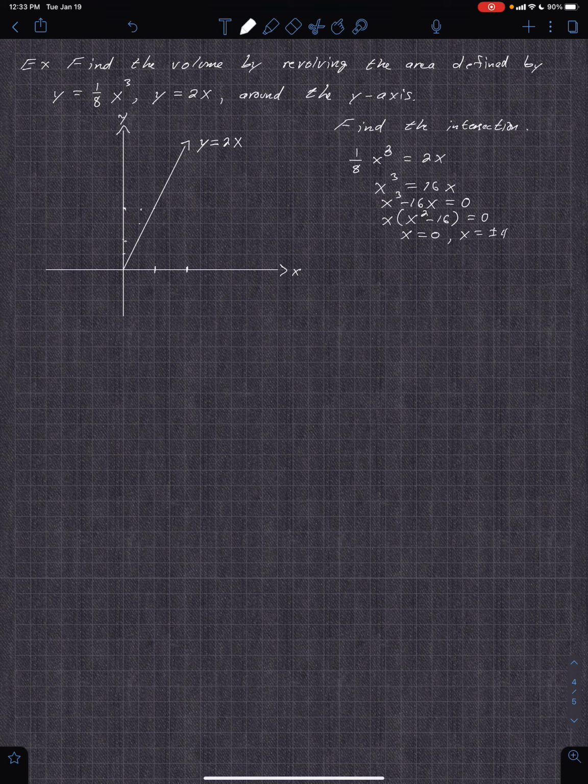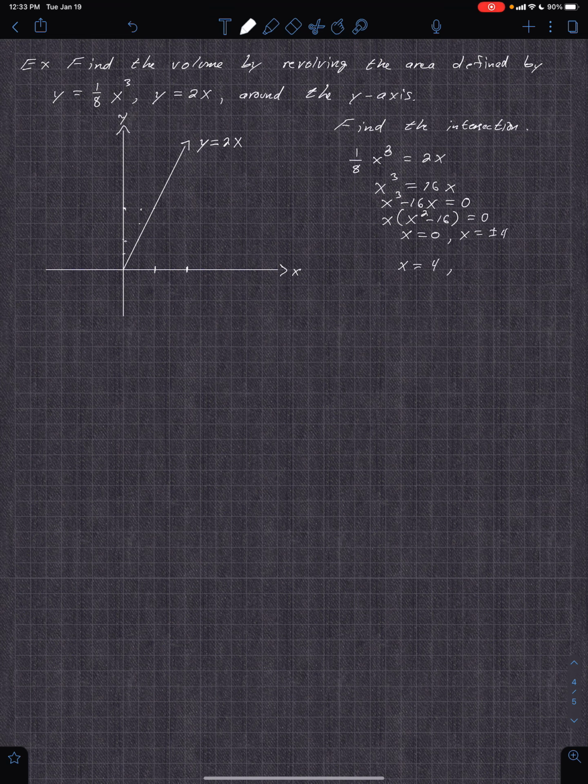So when x is equal to 4, what is y? y is equal to 2 times 4, which is 8. So let's just call this (4, 8). And yes, you want to take your time when you do these questions because it helps you think through the details.